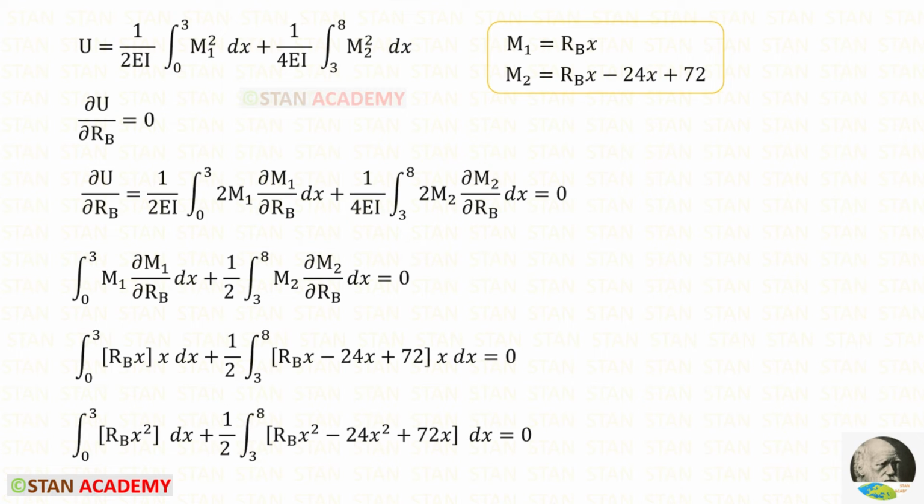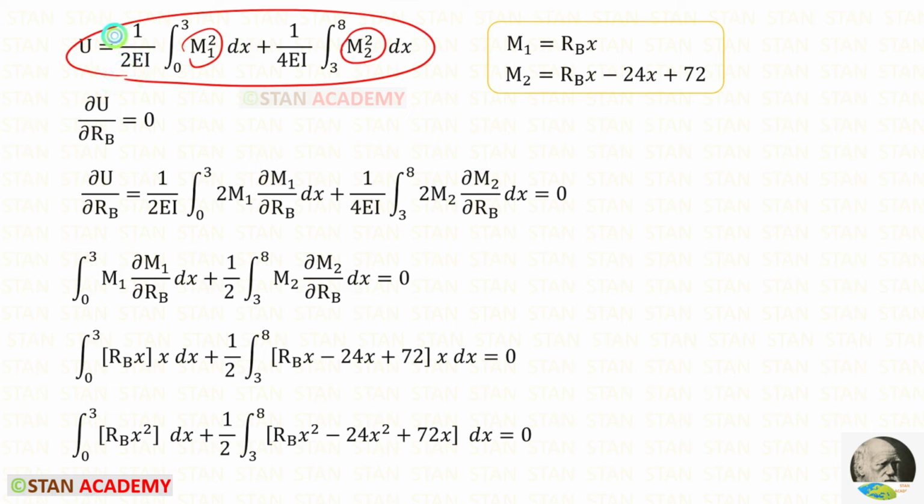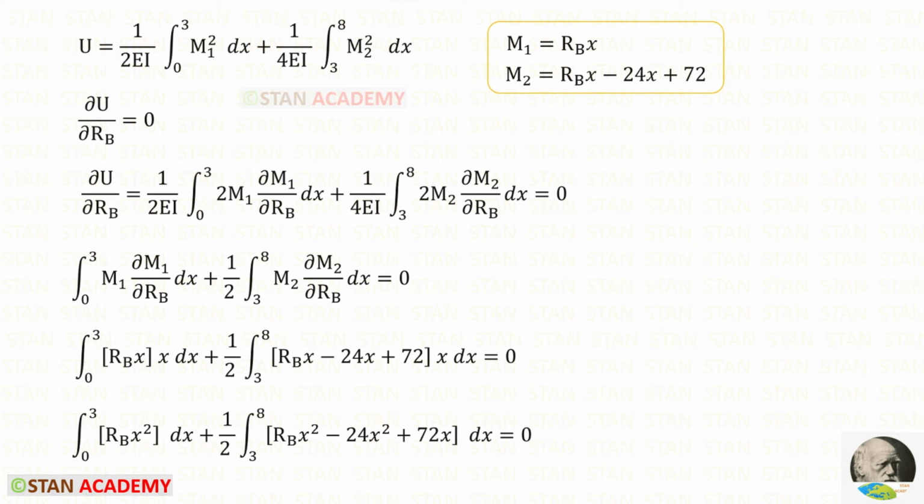We know that when we partially differentiate U with respect to RB, it will be 0. In this equation, we only have to partially differentiate M1 square and M2 square because these two terms are constants. When we partially differentiate M1 square with respect to RB, we will get this.